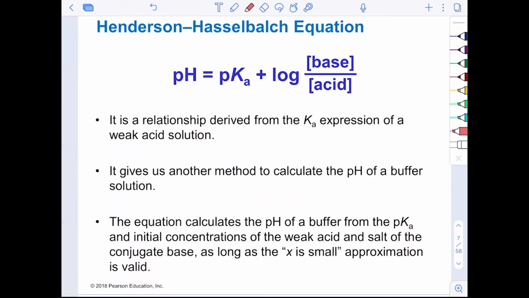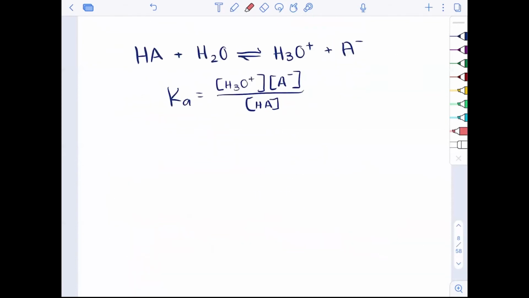The equation calculates the pH of a buffer from its pKa and the initial concentrations of weak acid and salt conjugate base, as long as X is small. So if X is not small and you are not going to use that approximation, do not use the Henderson-Hasselbalch equation.